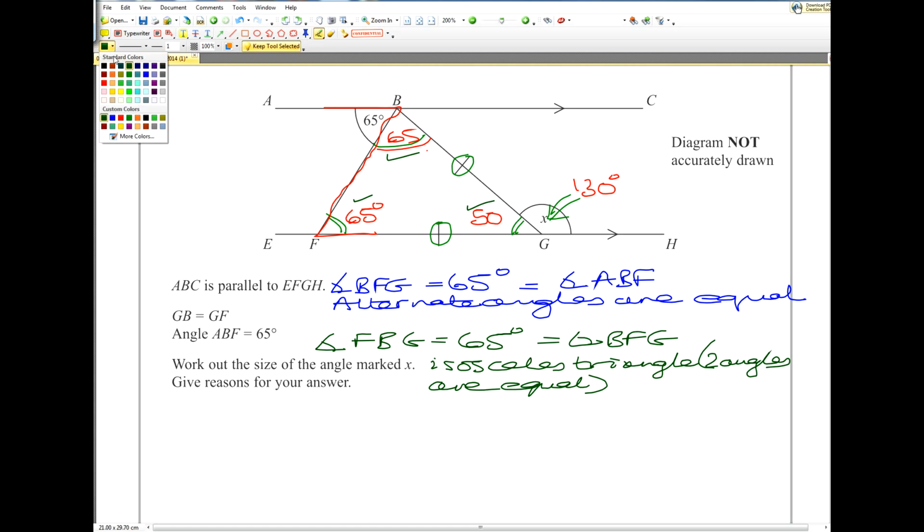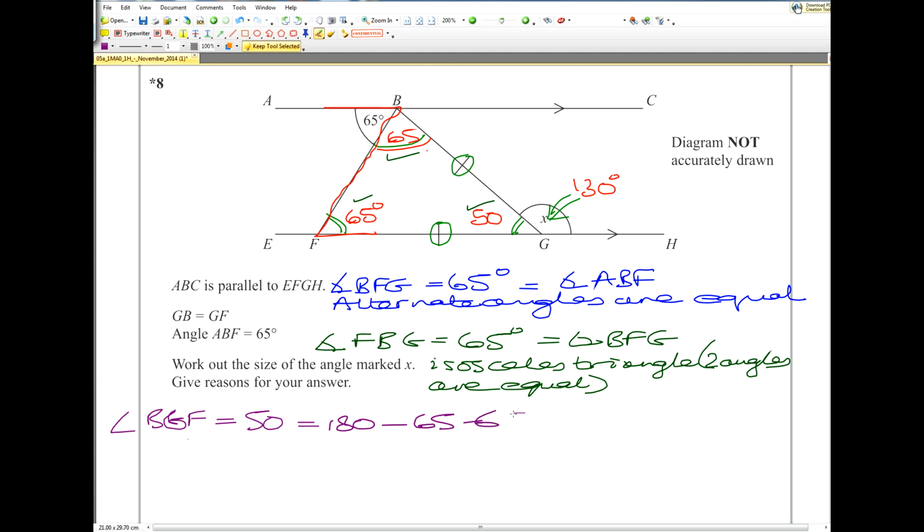Okay, let's change color once more. What do we say now? We say angle, what was it? Angle BGF. Angle BGF is equal to 50, which is equal to 180 minus 65 minus 65.